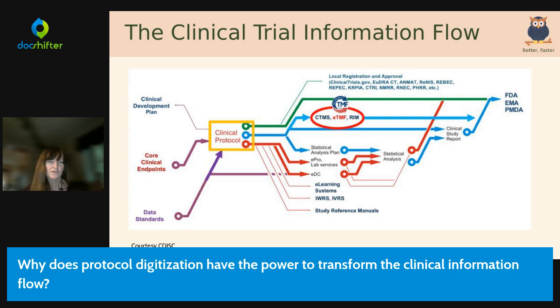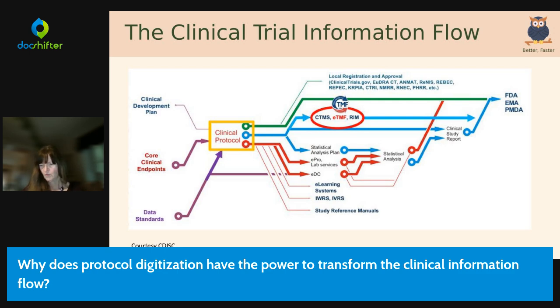The clinical protocol is created using data standards that have been predefined, that are usually required by the health authorities. The clinical development plan obviously feeds into it, the endpoints. But once you have that information, it can be used to drive many aspects further down.